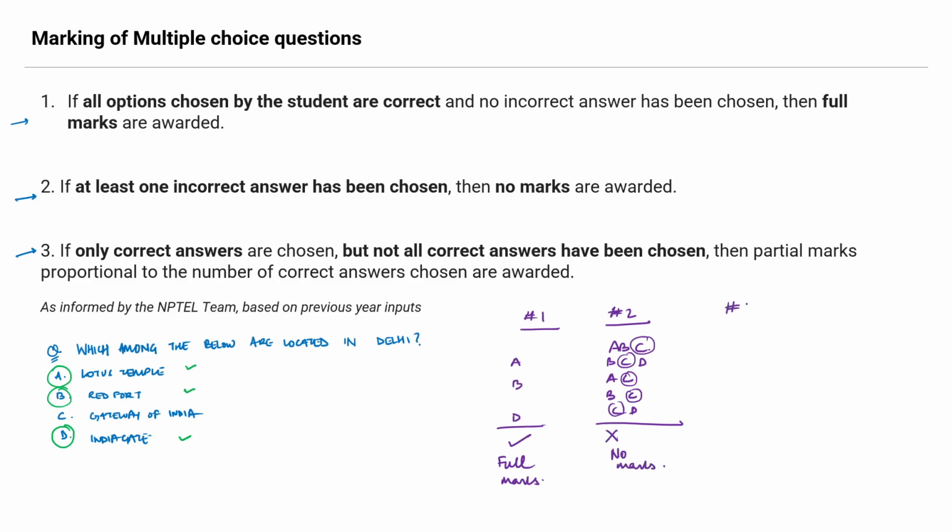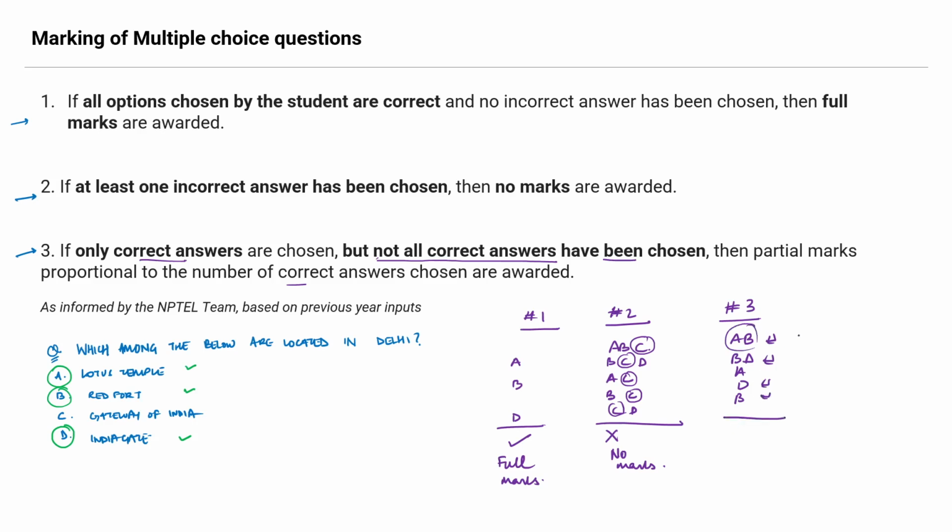Coming on to scenario 3, which says if only correct answers are chosen, but not all correct answers have been chosen, then partial marks. Which means that if we select A, B and submit it, if we select B and D and submit it, or if we select A, B, or D individually and submit, in these scenarios we'll get some partial marks.